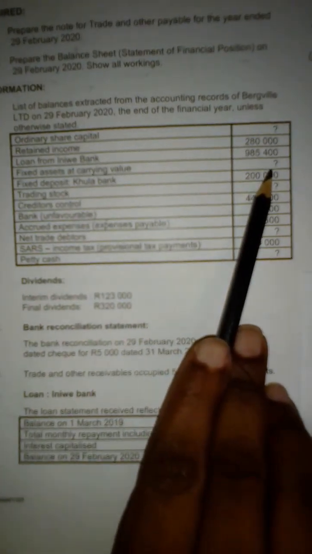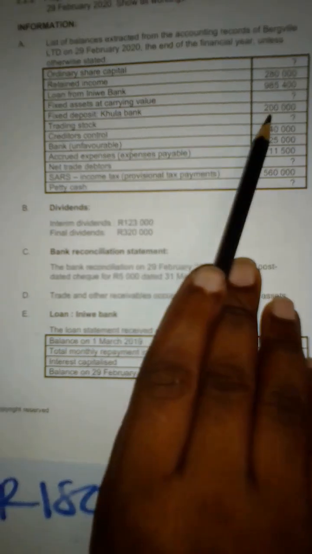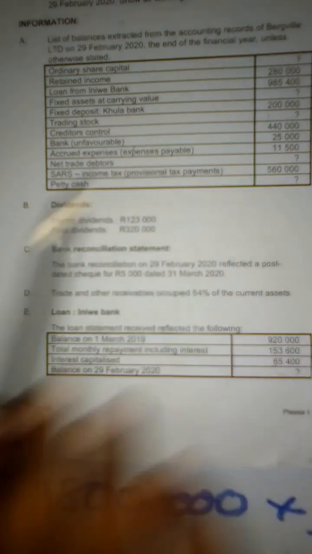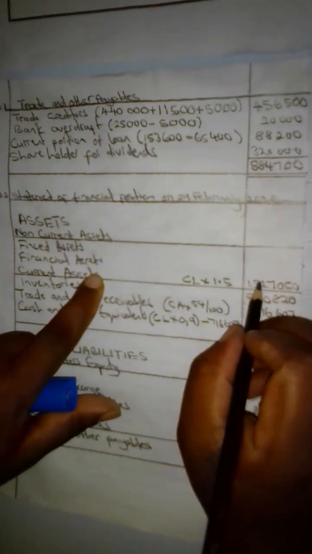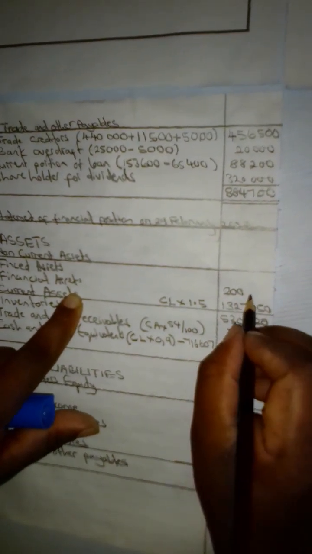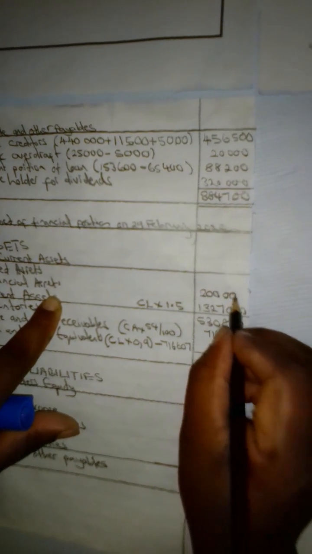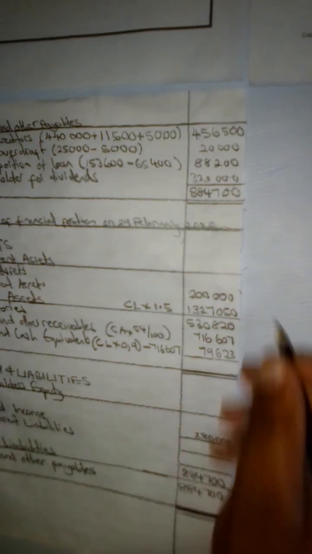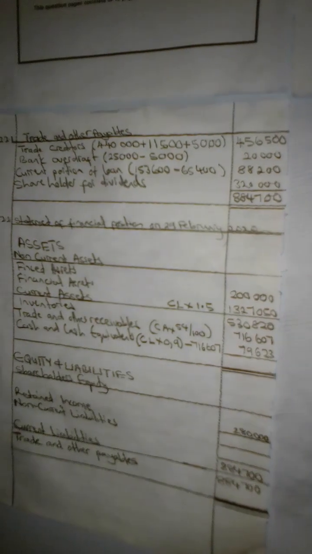Let's see what they are saying on the information that we have. Okay, the fixed assets, remember we don't have anything, but the fixed deposit is given. How much is it? It's 200,000. So we can safely record on the answer book the financial assets are 200,000. Okay, fine.